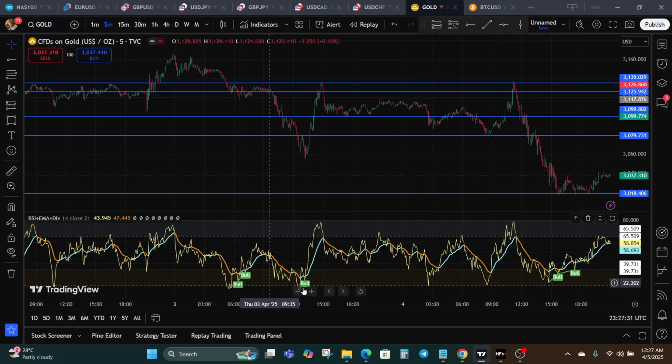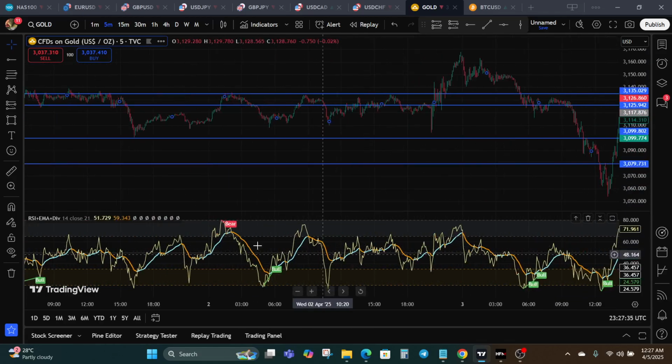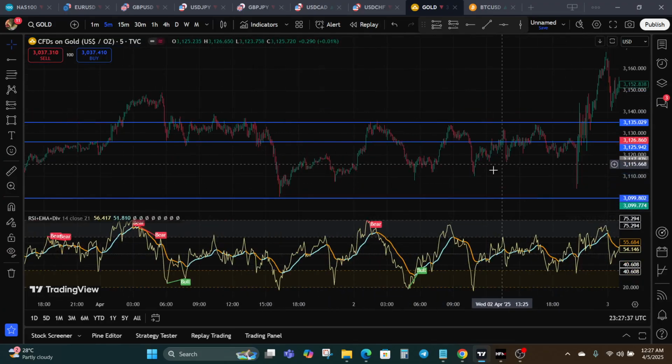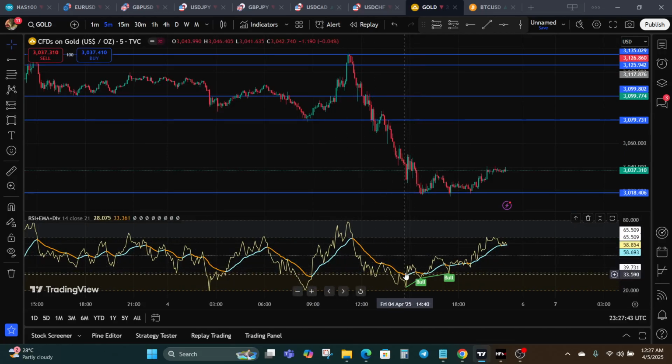You can see bullish divergence signals right here, and of course bearish divergence signals as well, in addition to the overbought and oversold regular signals. Okay, so this is quite a nice indicator, right? You are not getting whipsawed by every minor market move. It waits for real momentum shifts, and that gives you confidence.